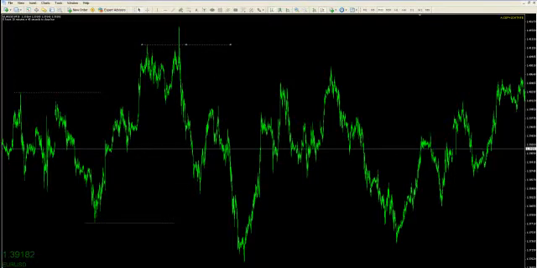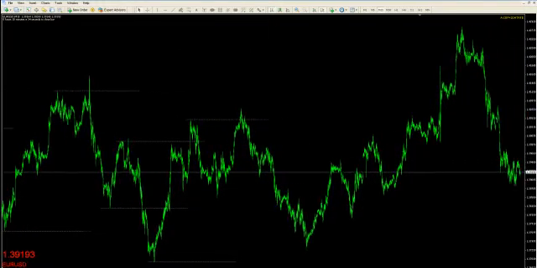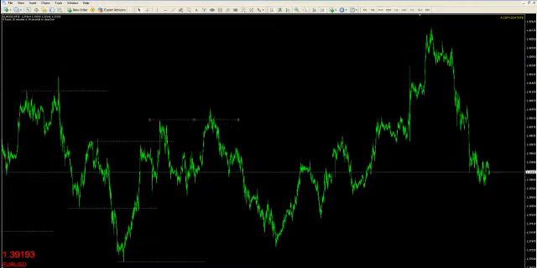If possible, I try to avoid spikes, because sometimes they don't always hold true. And these little small support resistance areas also hold a lot of weight too, because that's where buyers and sellers are.